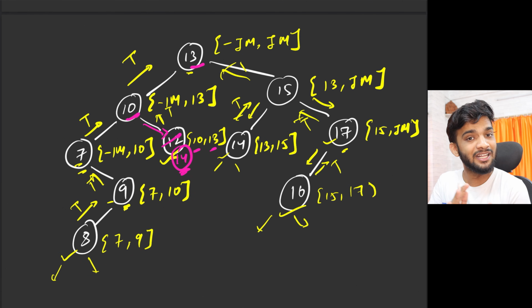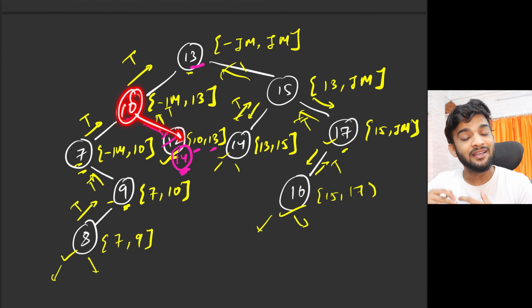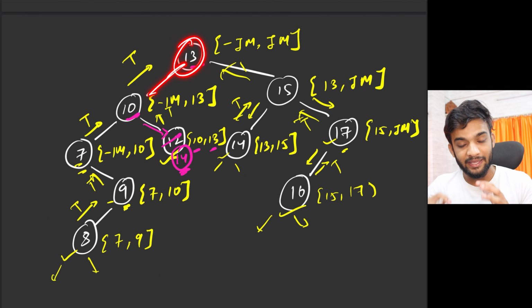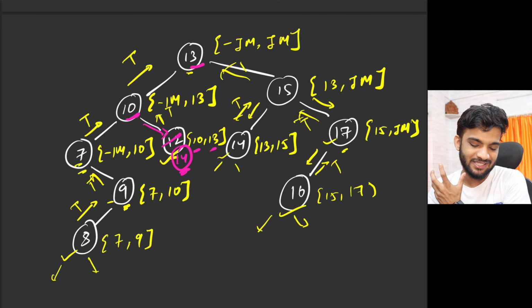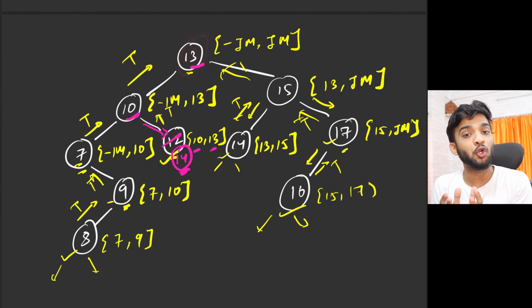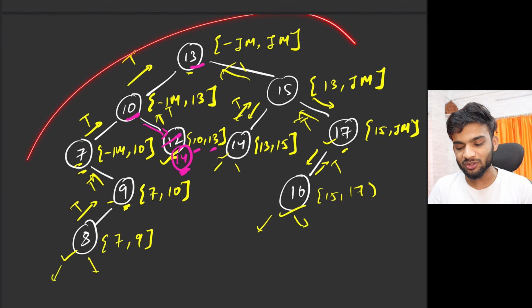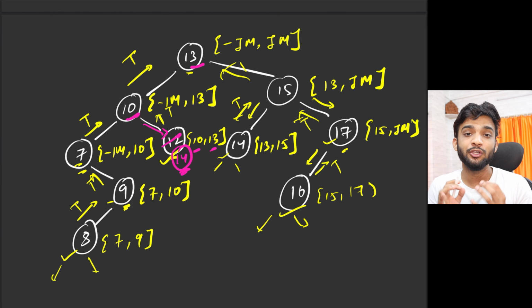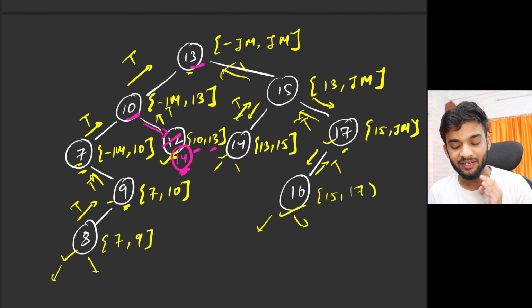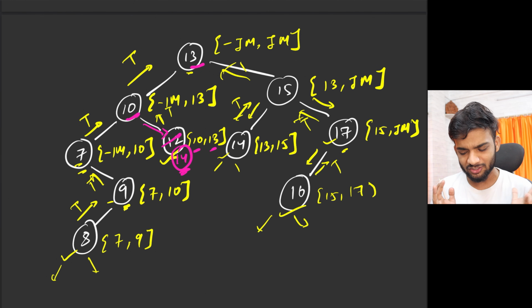So if you maintain a range, then you can easily distinguish if it's following both the properties, like it should be greater than 10 as well as, from the top portion, lesser than 13 should also be followed. So if you follow this method of carrying a range, you can easily check for validation of BST, and that's not a big task.